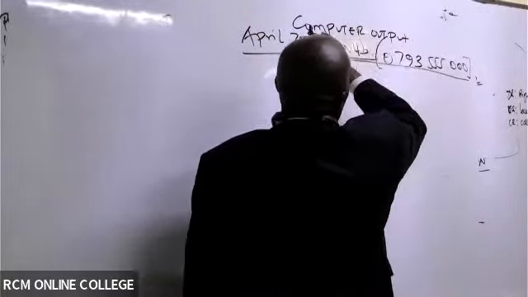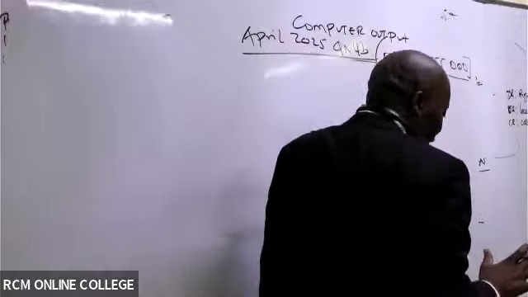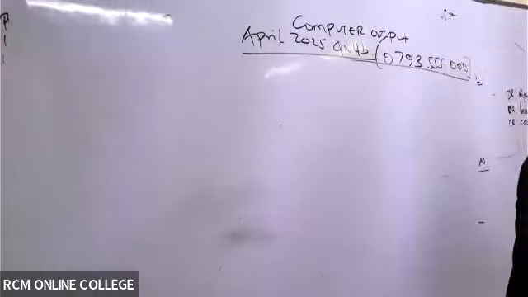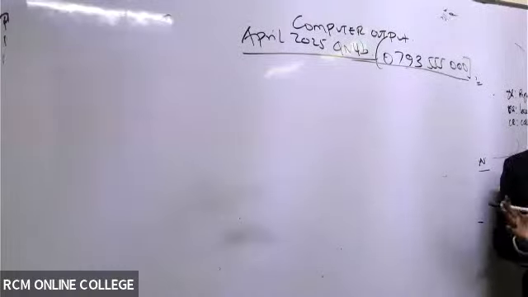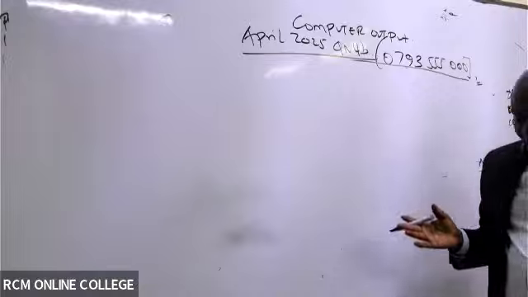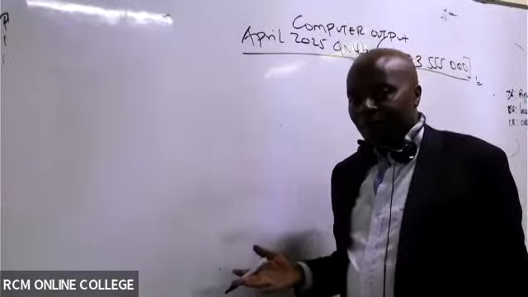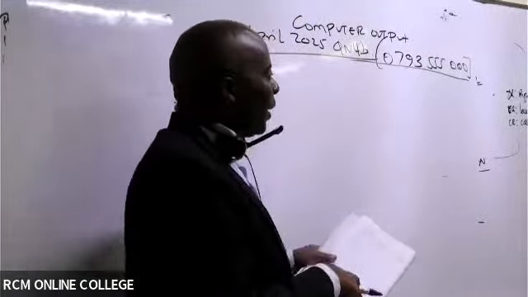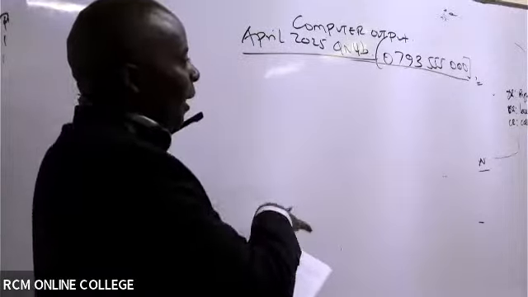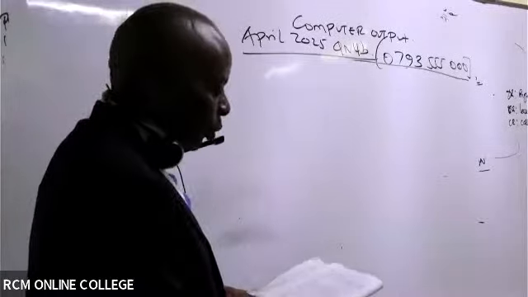That's what you write there as our title. They'll give us a computer output, and then they will tell us to interpret. Such an easy thing. I normally see so many students getting confused with this, and yet this is the easiest. And it is the most common part of this topic in your exams, this computer output.